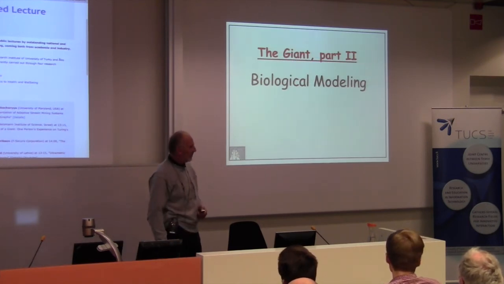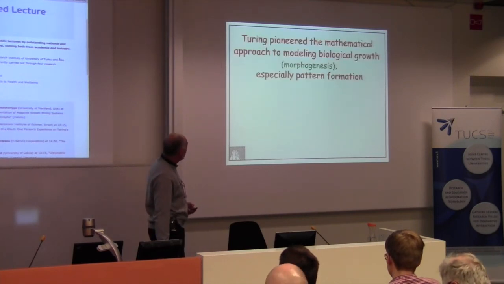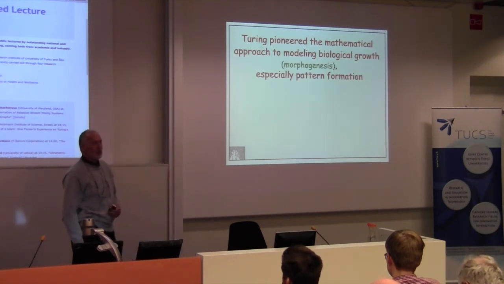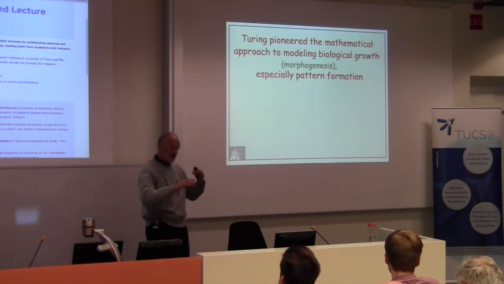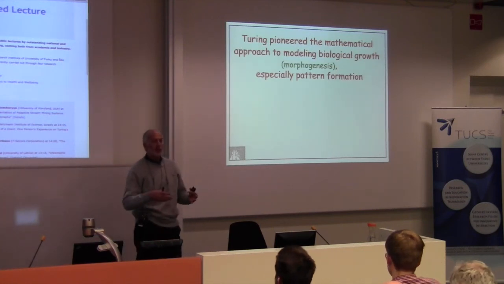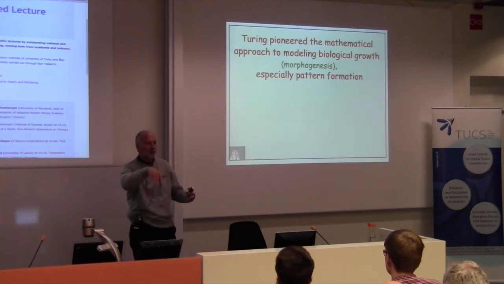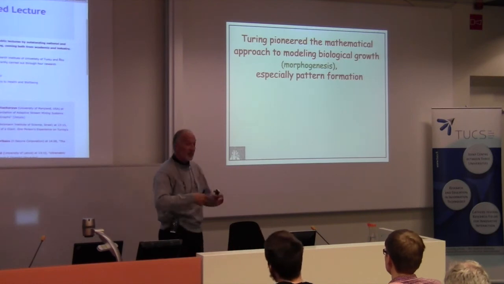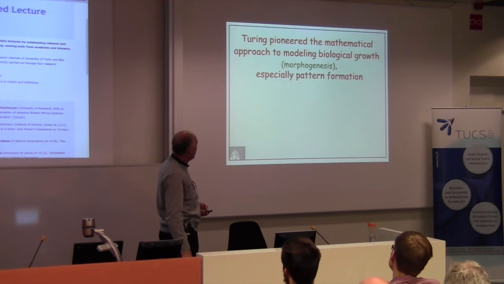Okay. So let me talk a little bit about biological modeling. Turing was one of the first people who worked on trying to figure out morphogenesis, which is a very broad notion, but he was interested particularly in things that form patterns, stripes, various things like that, when something grows, when a limb grows or an organism grows, and he did work on that.